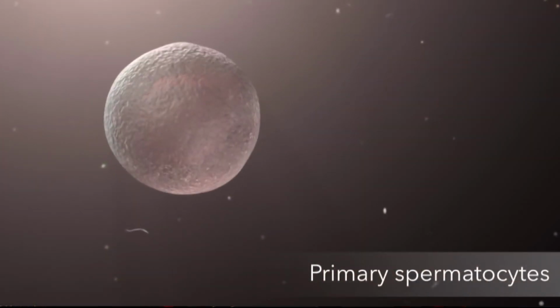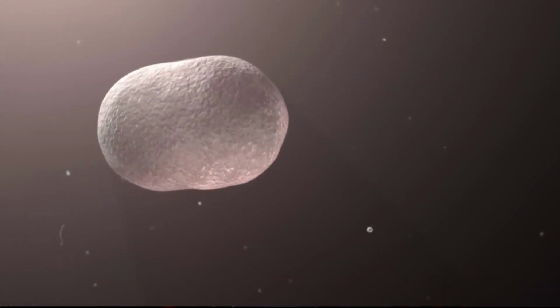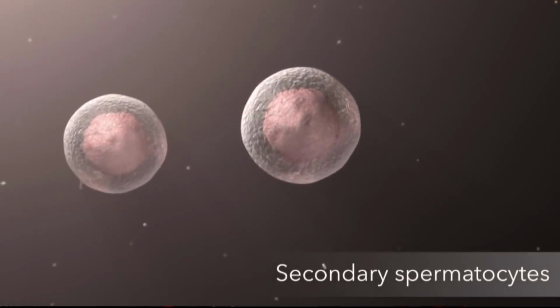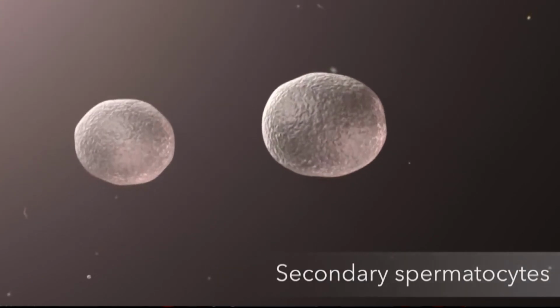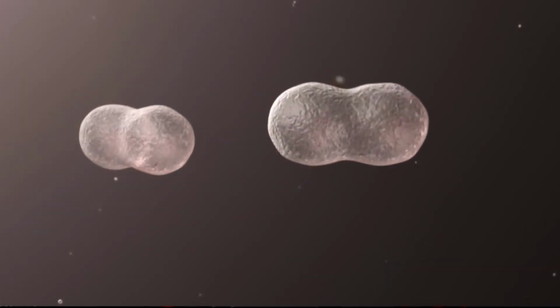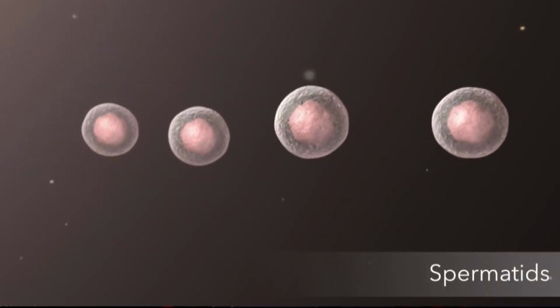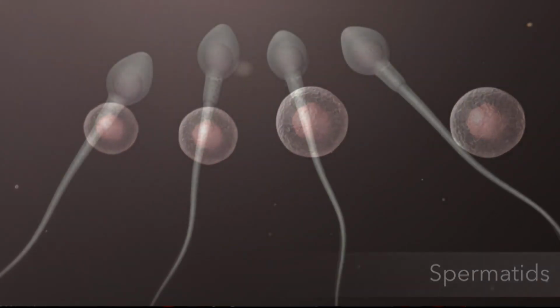Primary spermatocytes undergo meiosis and produce haploid cells called secondary spermatocytes. These secondary spermatocytes undergo the second meiotic division to produce immature sperms or spermatids. These spermatids undergo spermiogenesis to transform into sperm.